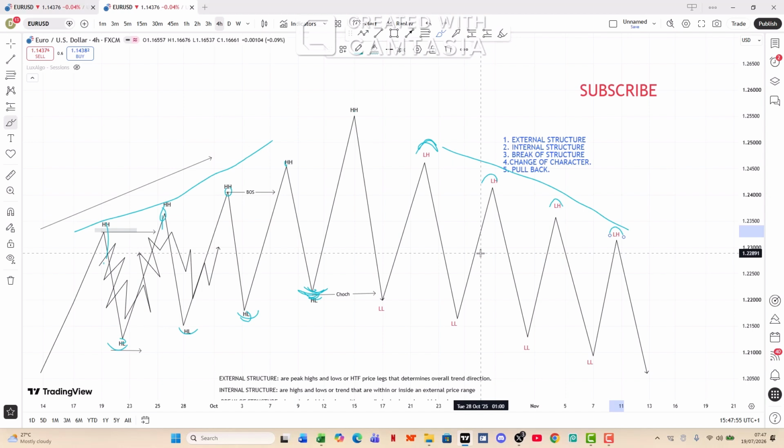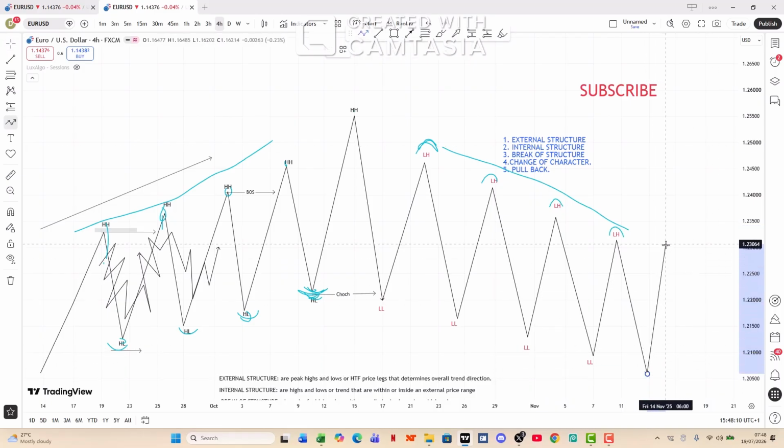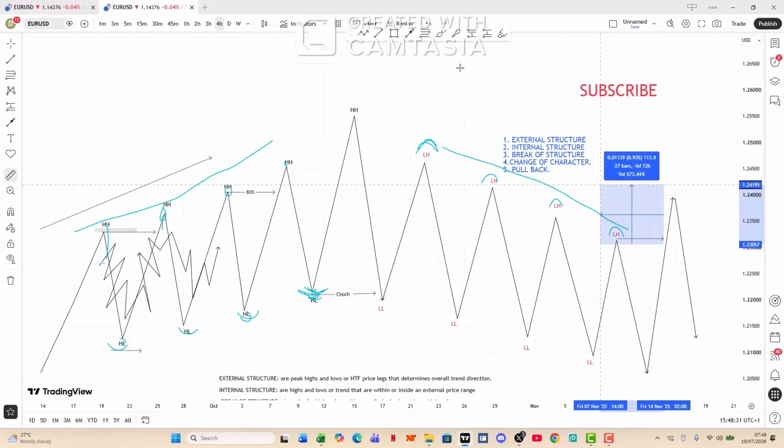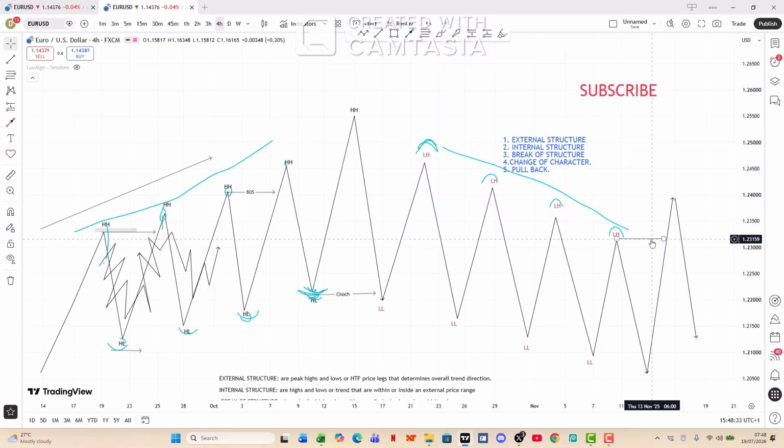So the rule says that in a change of character, a breach of an external high in a bearish market is considered a change of character. So in this case, we'll be expecting another lower low, lower than the previous low. But instead, if price does this, gives us a high and pulls back, we'll consider this a change of character.